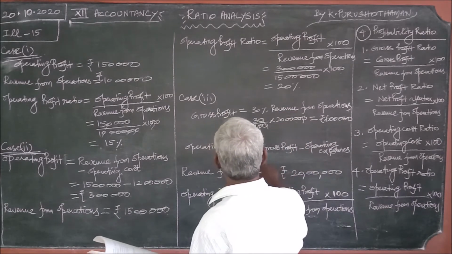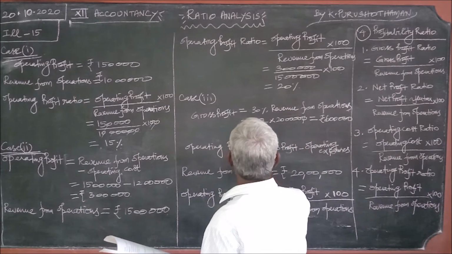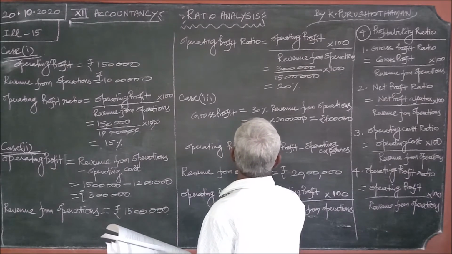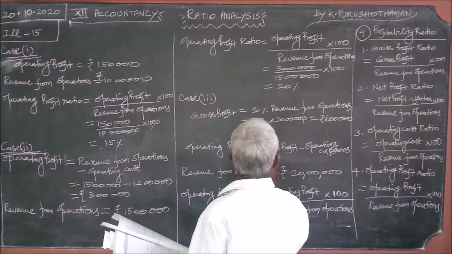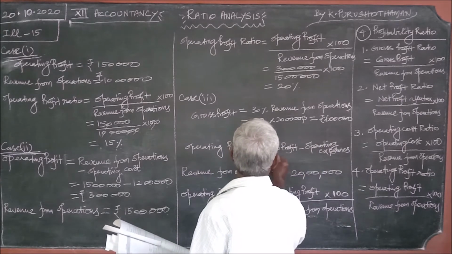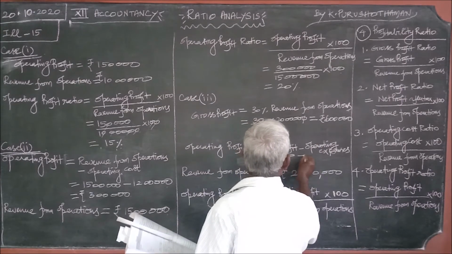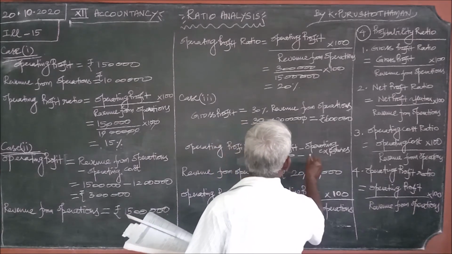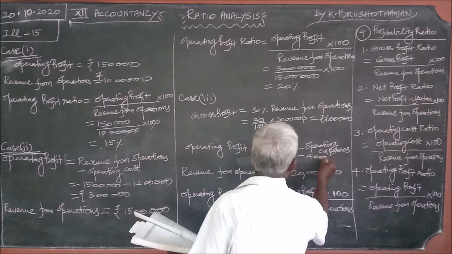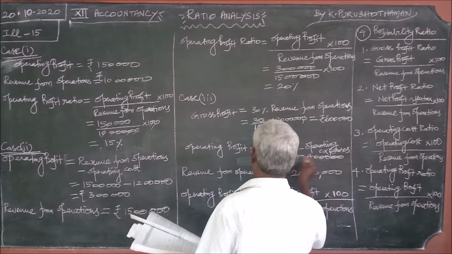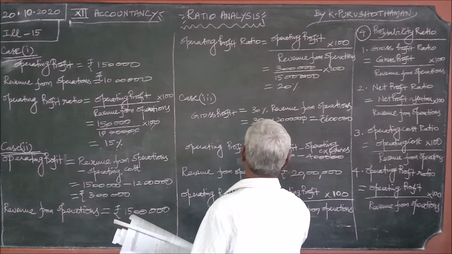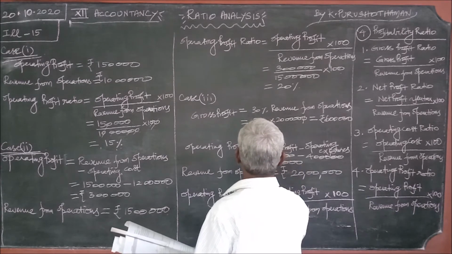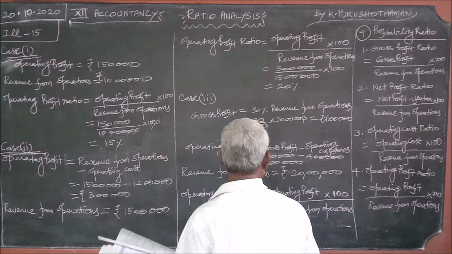Now you come to the operating profit formula. Gross profit is 6 lakhs, minus operating expenses, clearly given in the problem itself, 4 lakhs. So 6 lakhs minus 4 lakhs must be 2 lakhs. This is the operating profit.